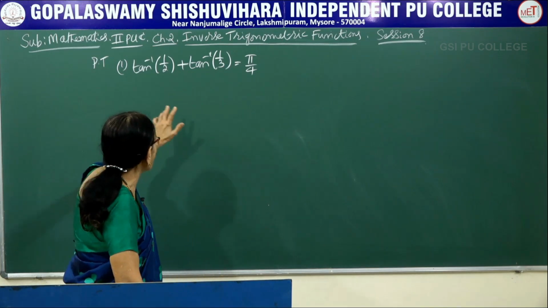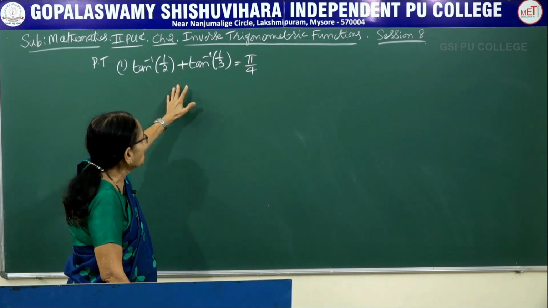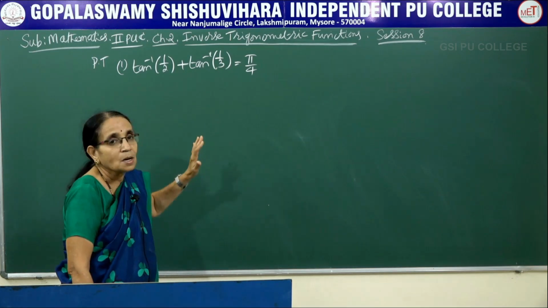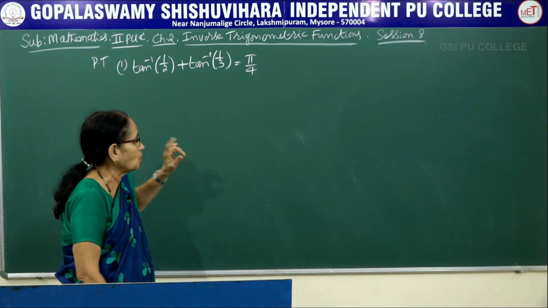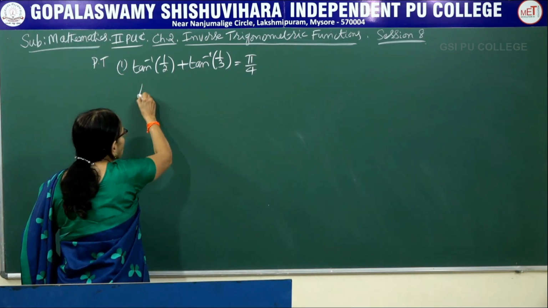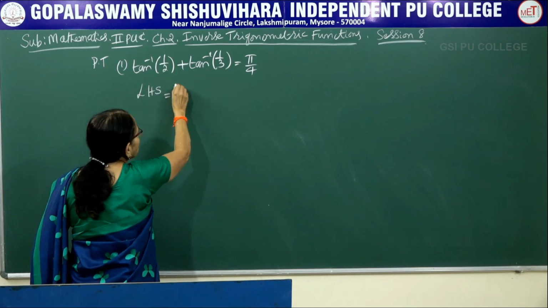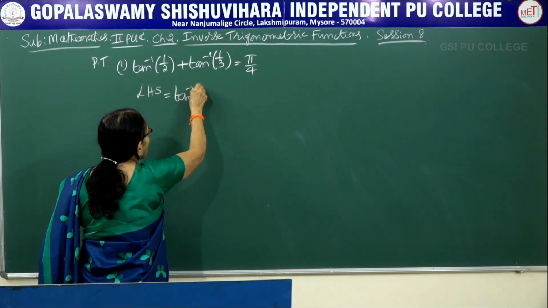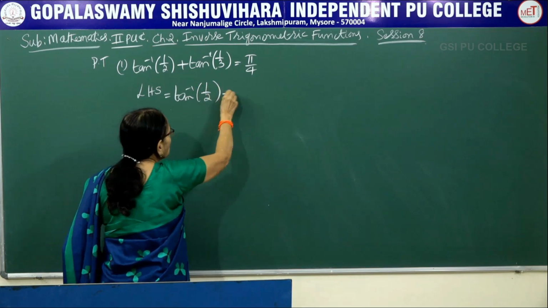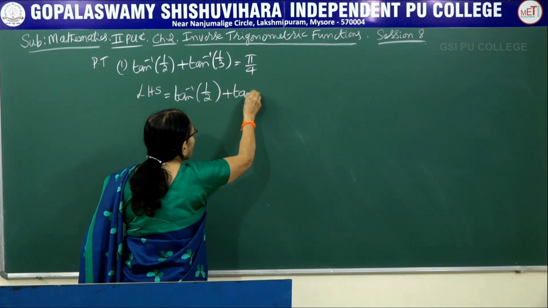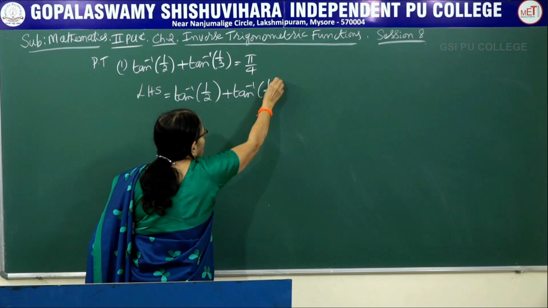Now this is the first problem. Tan inverse 1 by 2 plus tan inverse 1 by 3 should be equal to pi by 4. Now let me start with the left hand side. Here, tan inverse 1 by 2 plus tan inverse of 1 by 3.